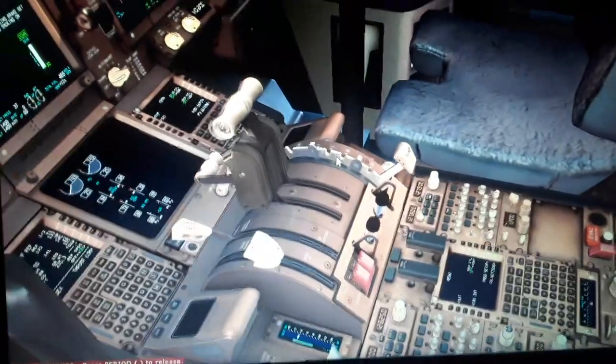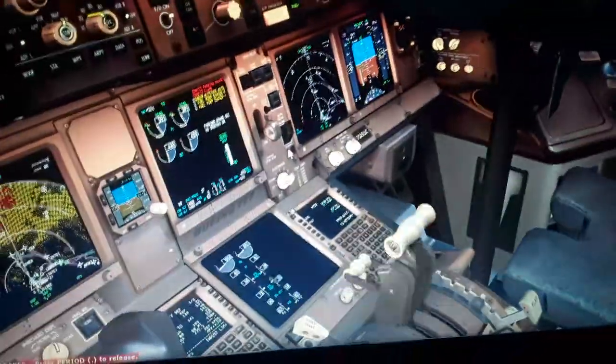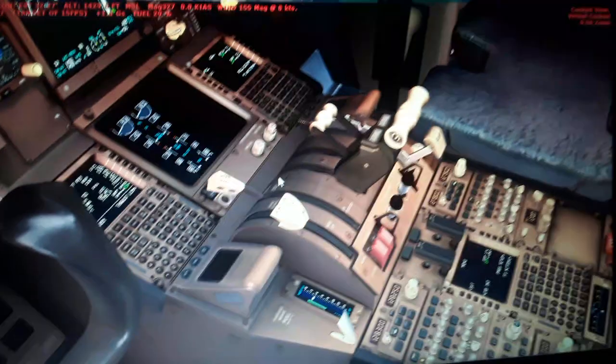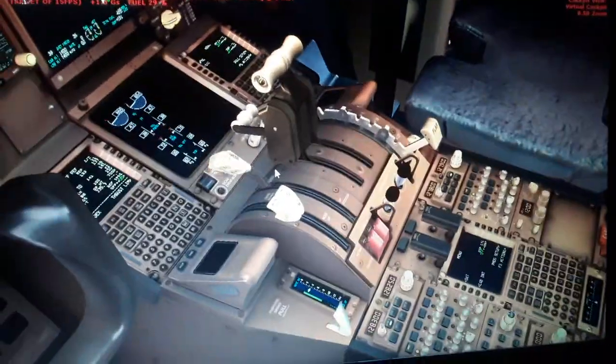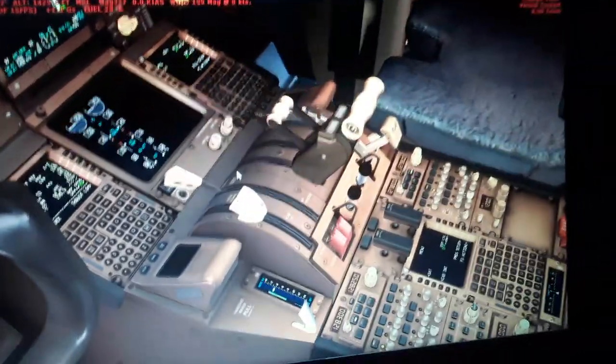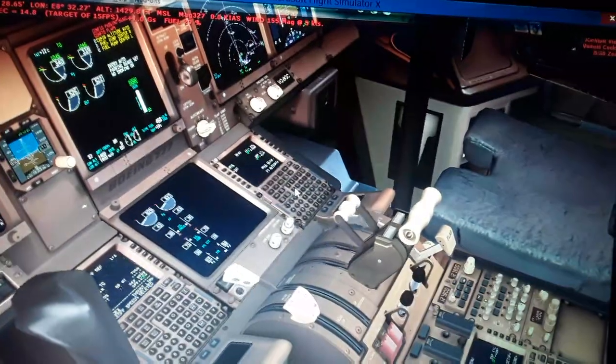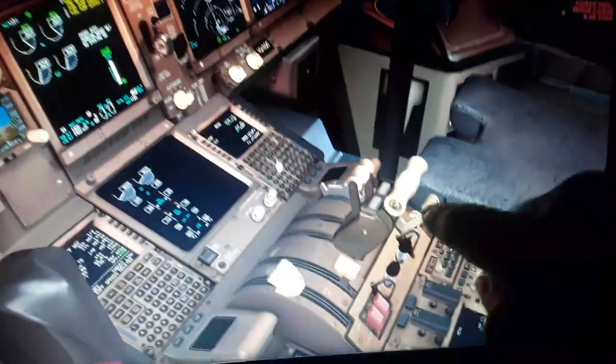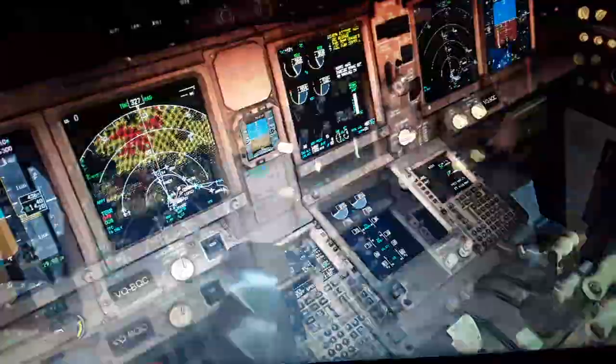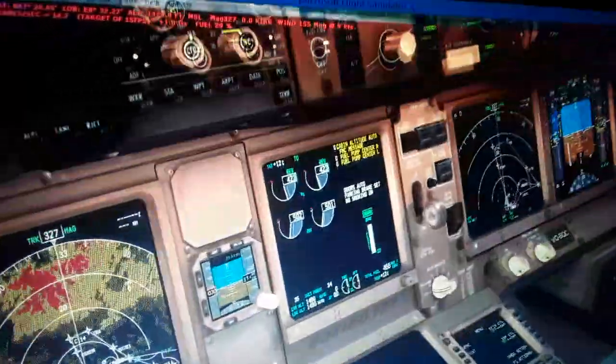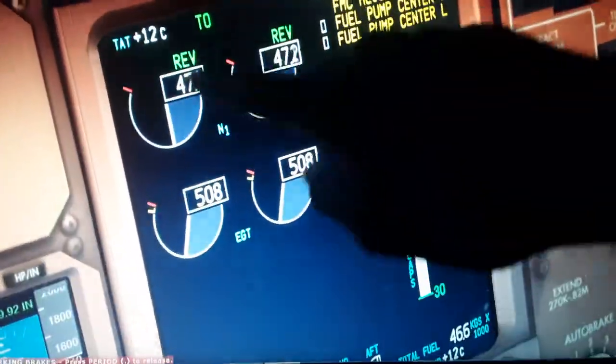When you move the engines above idle, the speed brakes retract automatically, so you cannot extend them while the thrust levers are above idle. Also, when you move the thrust reversers like this, move up this handle, so you have the reverse thrust to slow down the aircraft on the runway after landing.